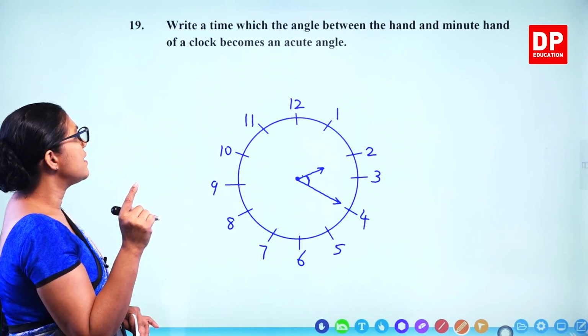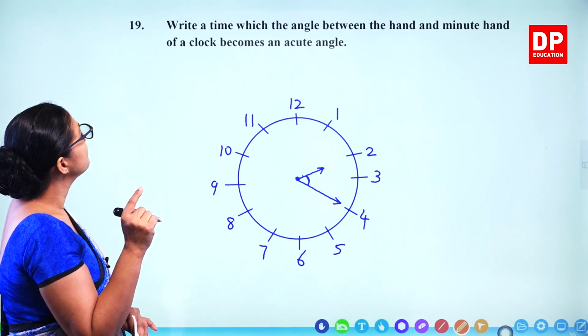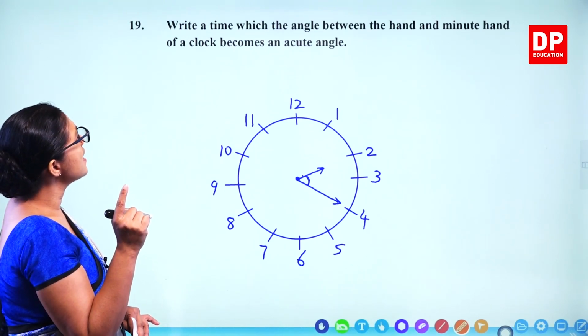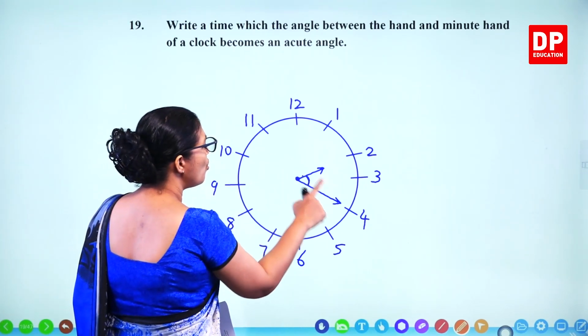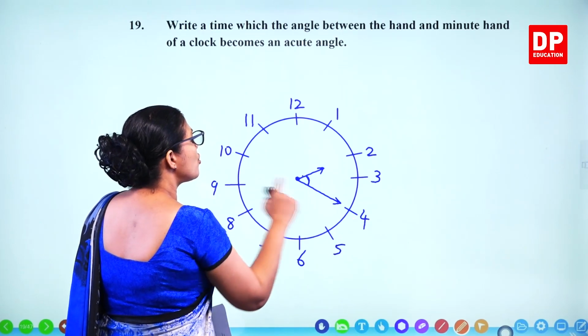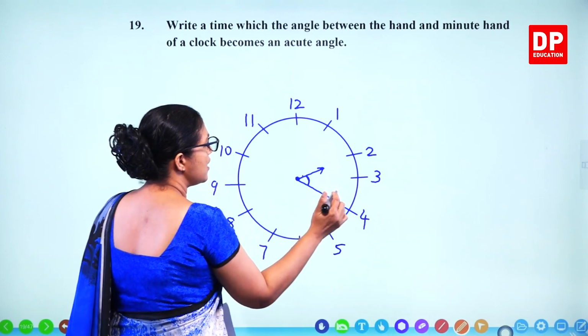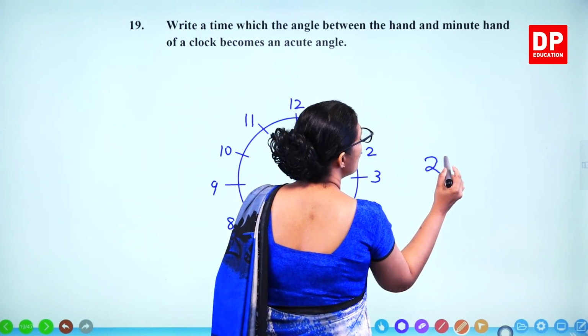Less than 90 degrees. What's the time? You're asked to write down the time also. Write a time. So 2:20. 5, 10, 15, 20. 2:20.